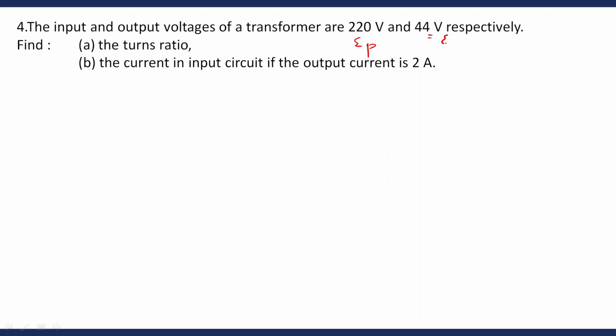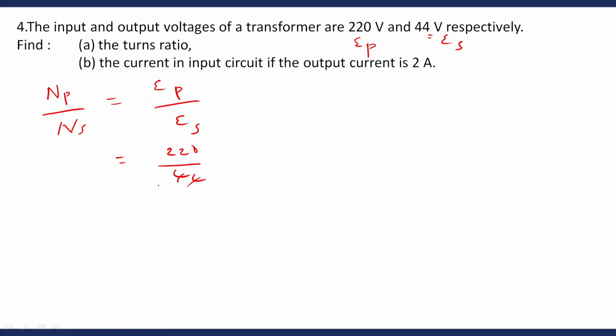This is epsilon s. So we need to find the turns ratio first. The same formula will be used: Np by Ns equal to epsilon p by epsilon s, that equals 220 by 44.